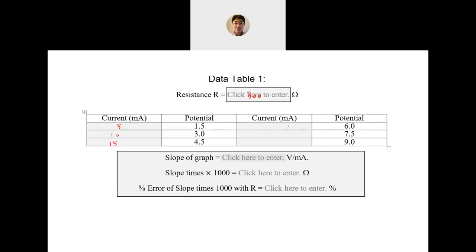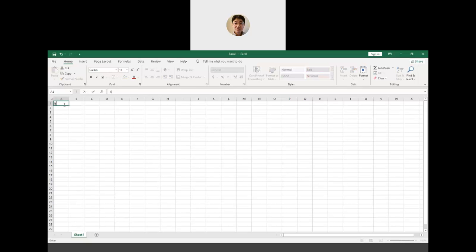Maybe if we do more, you can do it yourself. Then we can draw a graph by using Excel. In Excel, the current is in milliampere, and the voltage is in volt.